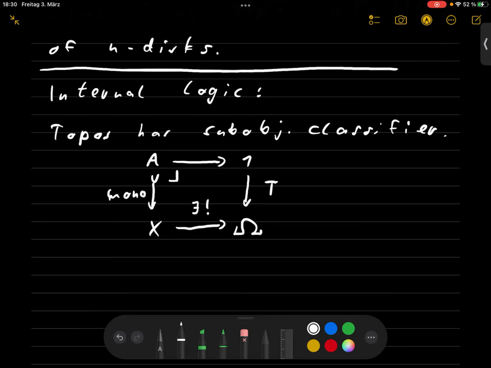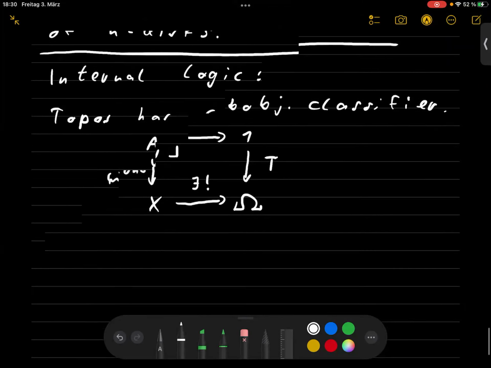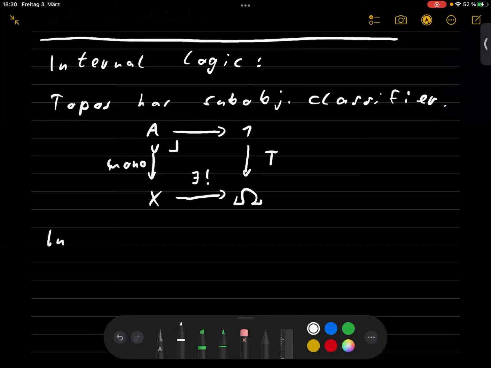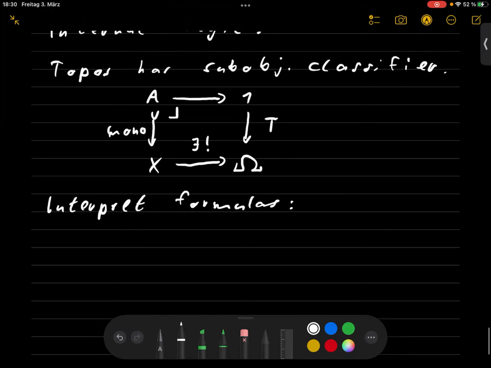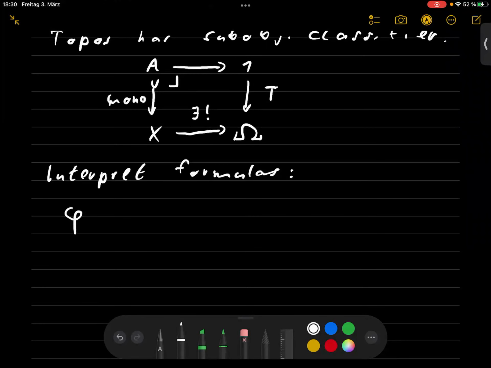And then what we want to interpret formulas is the following. Instead of considering the formula itself, we consider the subobject of all the elements that satisfy this formula. So when we have some formula phi, maybe there are some free variables, let's write just x for this.